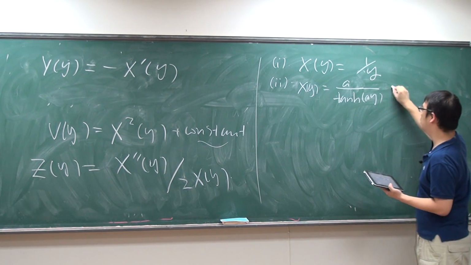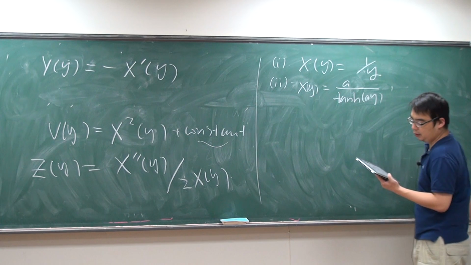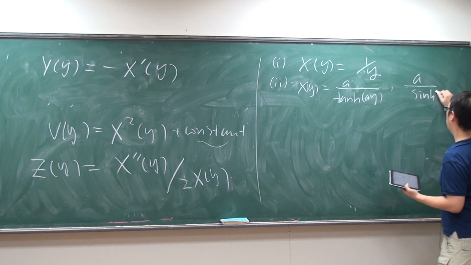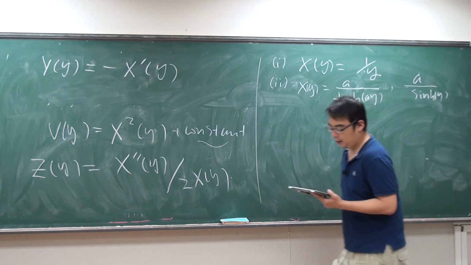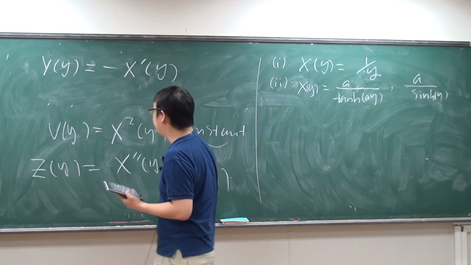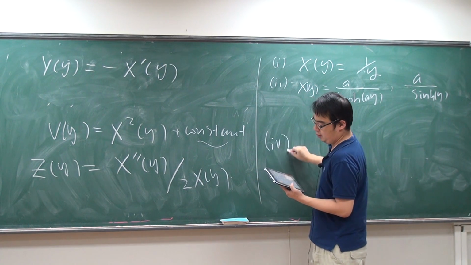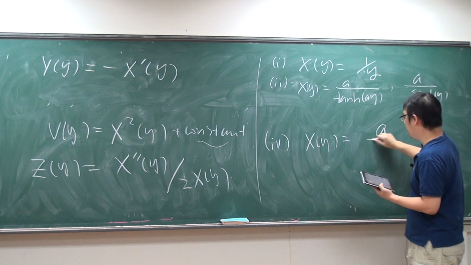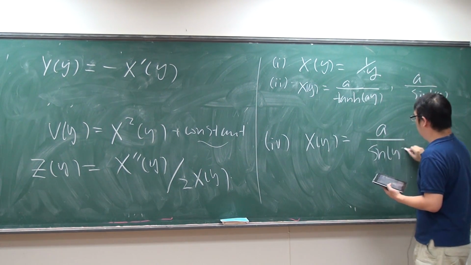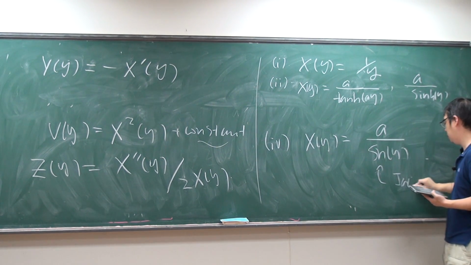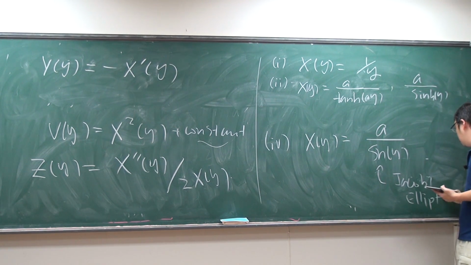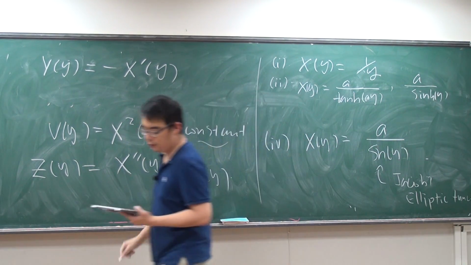Have a constant, and you can scale the constant by absorbing it into a, or if you don't have a constant, sin y. And similarly for other functions, the fourth one, we give a, where S is a Jacobi elliptic function. Hopefully some of you have seen it before when solving a pendulum.